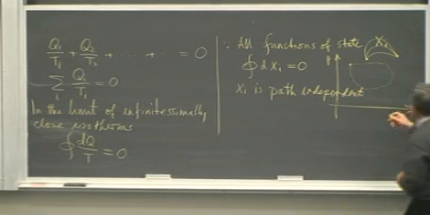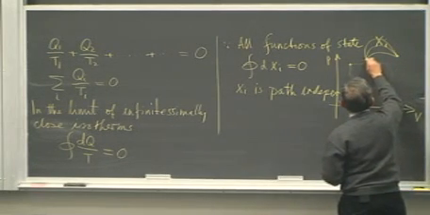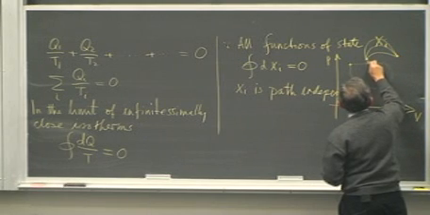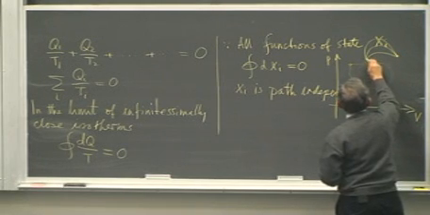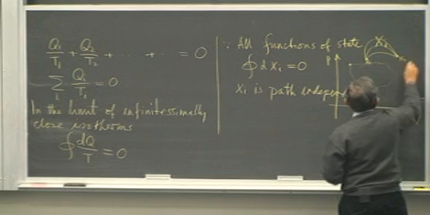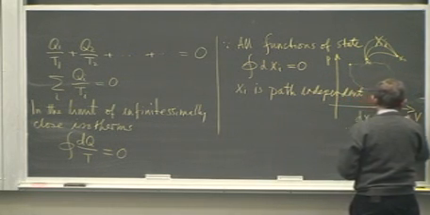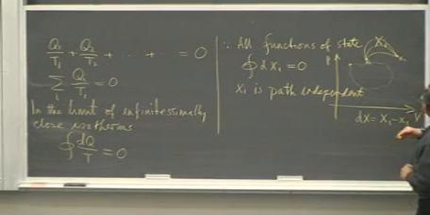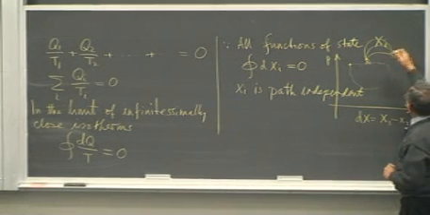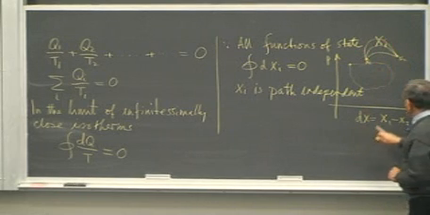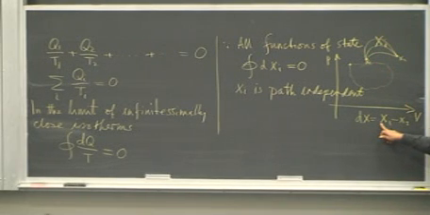For example, suppose the difference between this and this point is, this is x1 and this is x2, and the difference is x1 minus x2. Then going from here to here by whatever path you choose, the difference is always going to be this. So it is path independent.